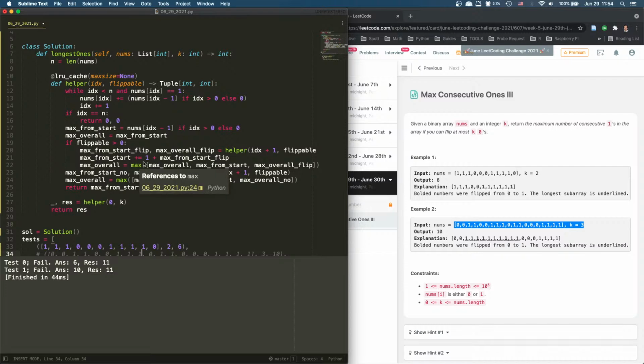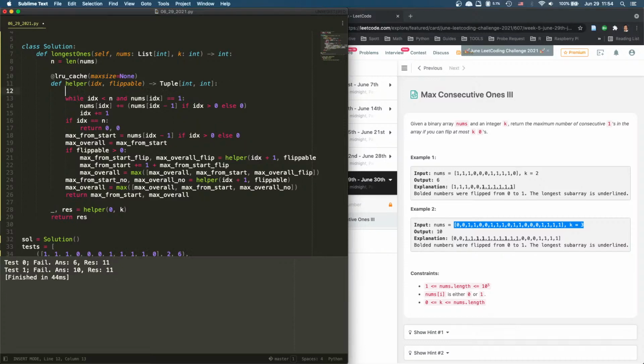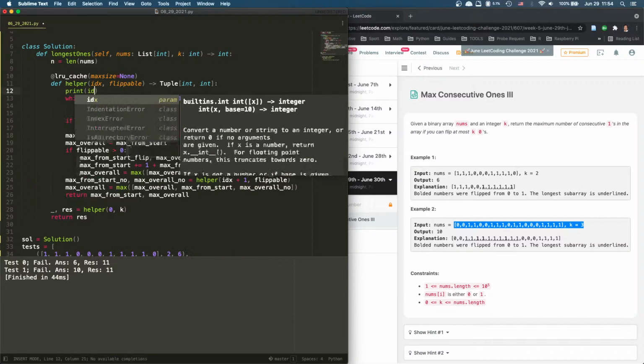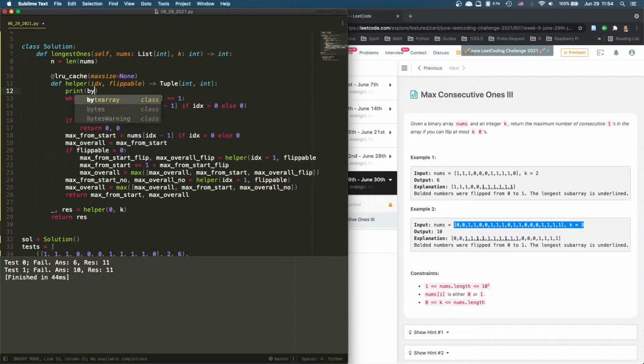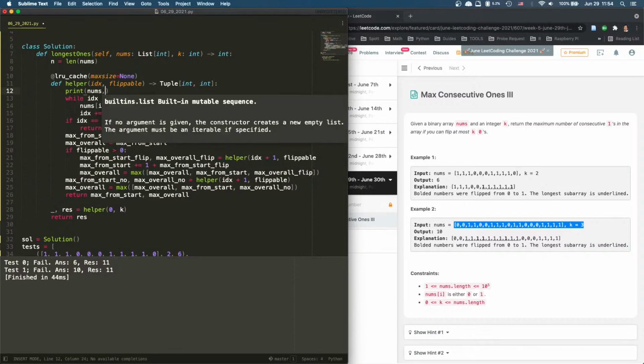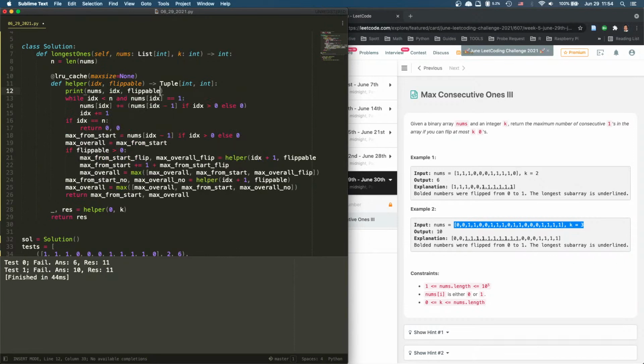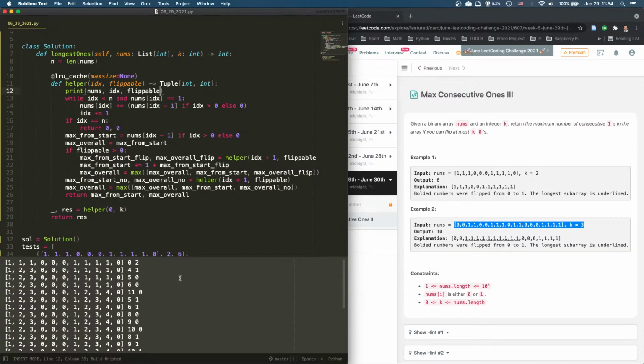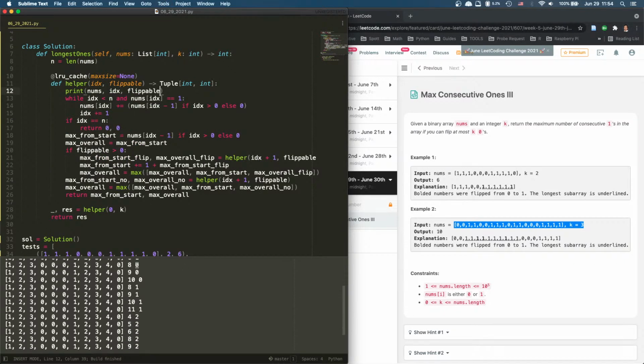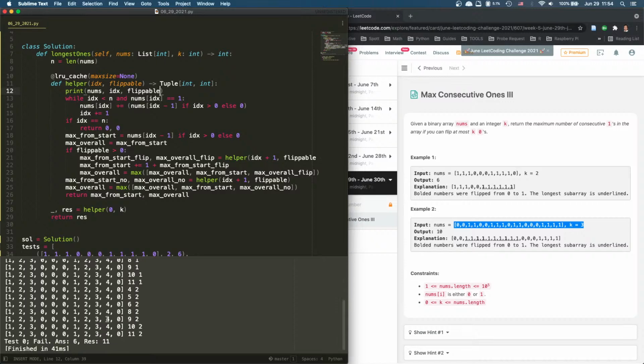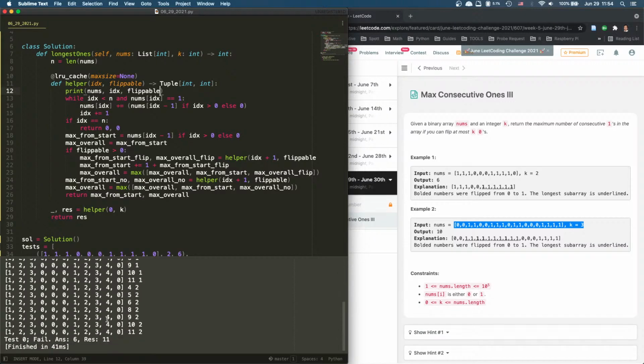Then we do this. And then when flippable is 0, then... Alright, let's check on index. Let's check on nums, index, and flippable. Let's see if any... Yeah, the flippable is never exceeding. So 1, 2, 3, 1, 2, 3, 4. That's what I expect, right?